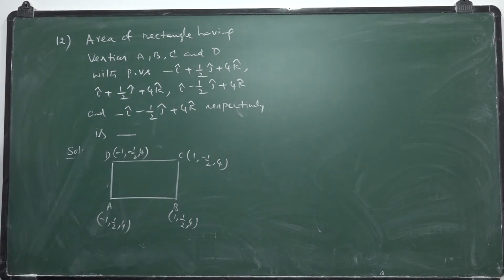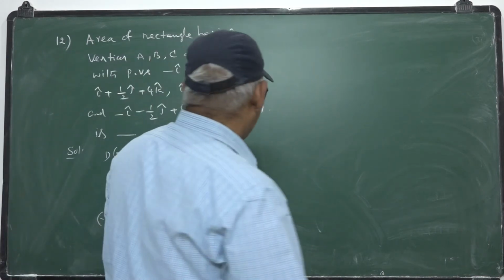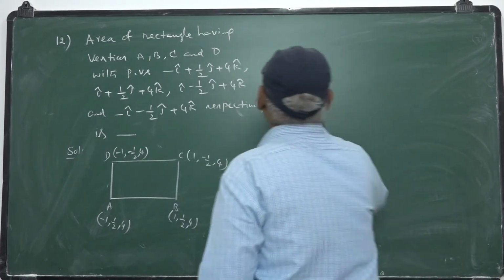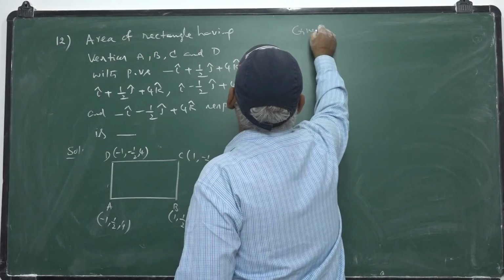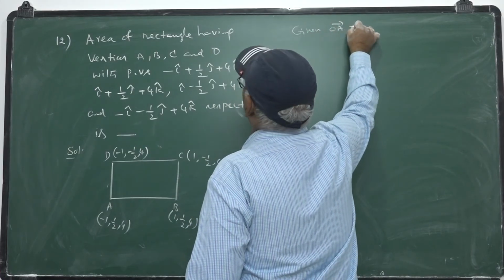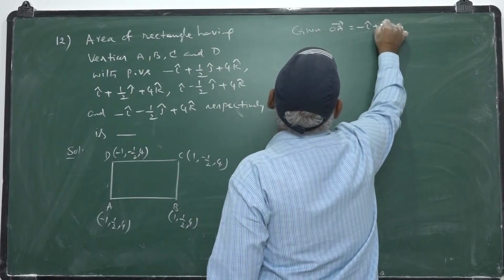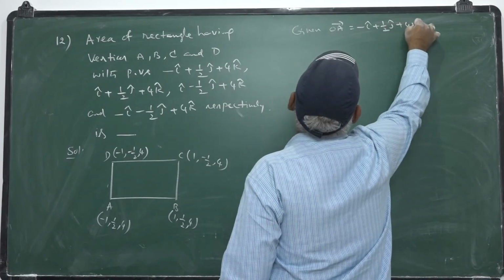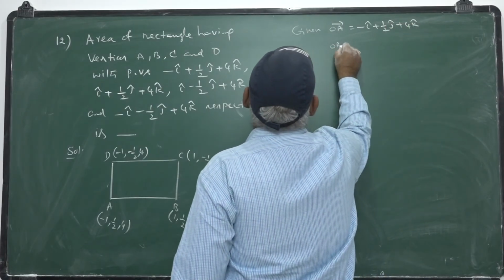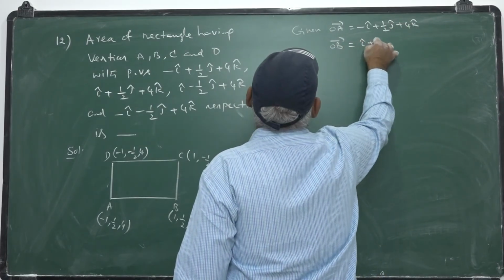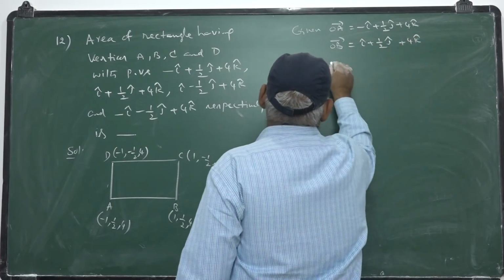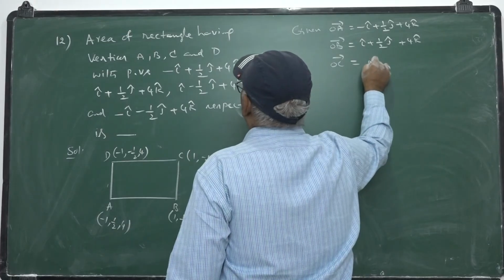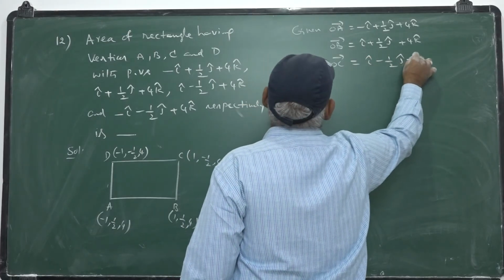Then, to get this area, the position vector of A, OA bar, is minus i plus 1 by 2 j plus 4k. OB bar is i plus 1 by 2 j plus 4k. OC bar is i minus 1 by 2 j plus 4k.